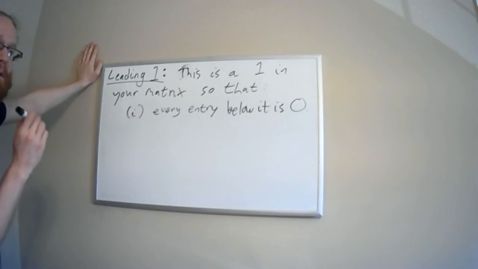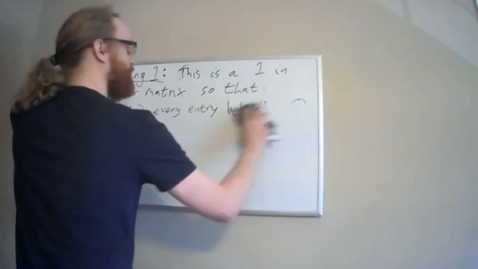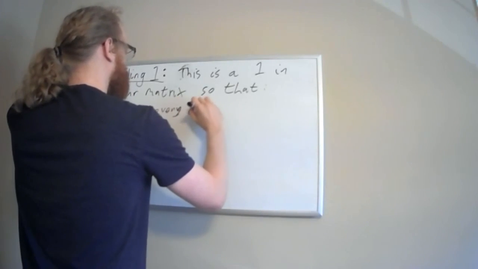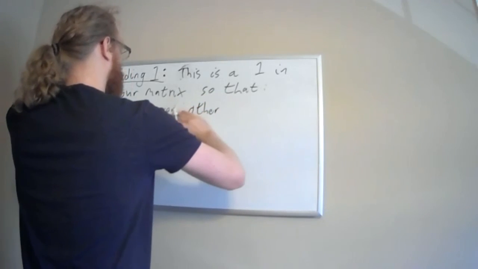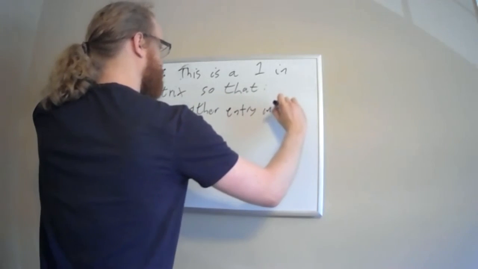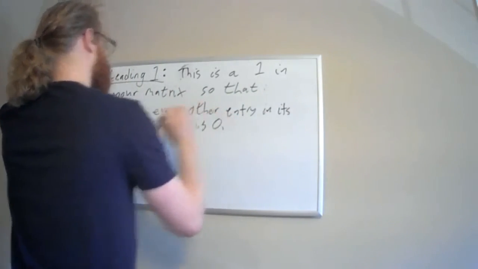The things right above it, oh, I guess actually they should be 0. Yeah, okay, never mind. Let me rewrite this. It is just every other entry in its column is 0.